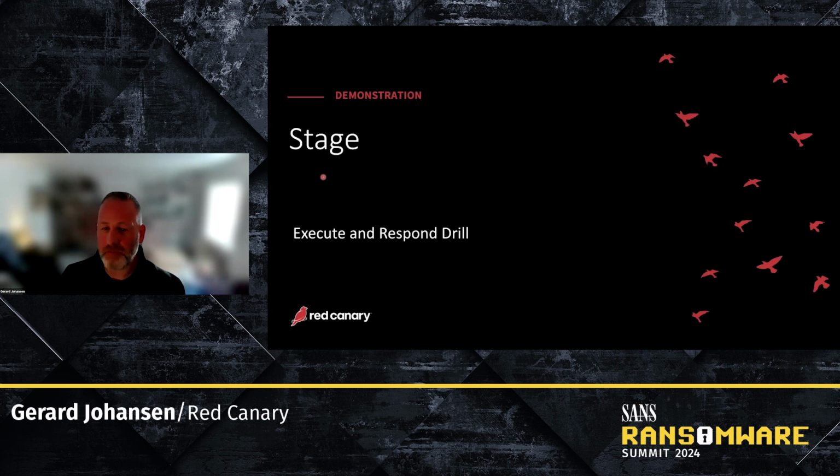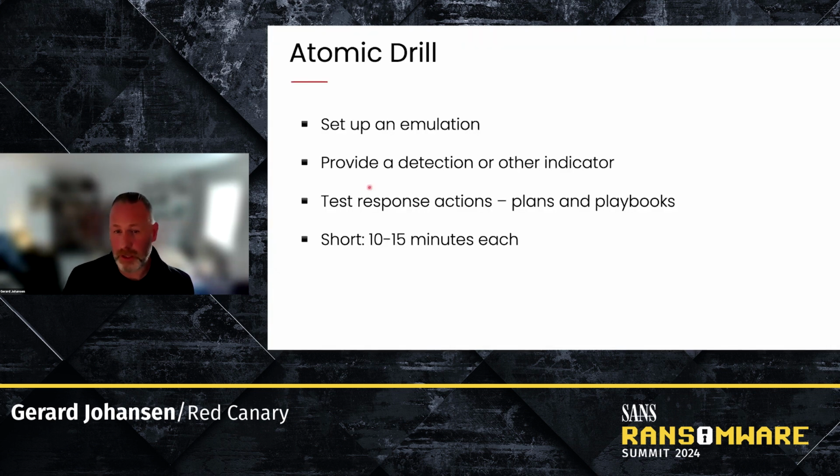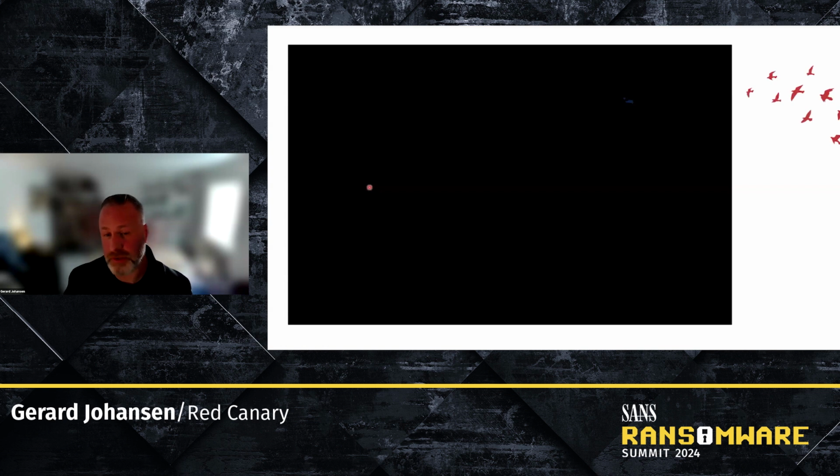Now, that's that single technique. But let's say I want to look at the stage, and in this case, we're going to look at manipulating defenses. What you're going to see is I'm going to set up an emulation. I'm going to see if there's a detection or indicator, and then see where we move from this in terms of testing and response actions.